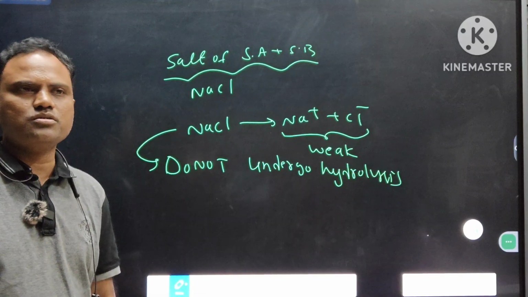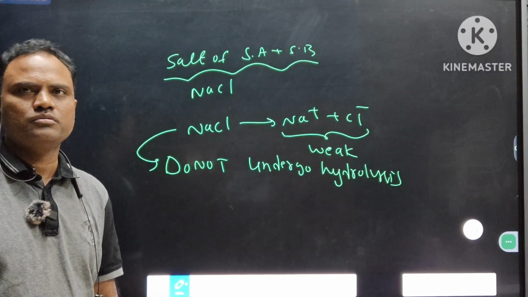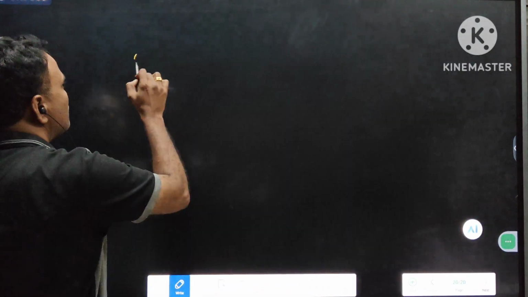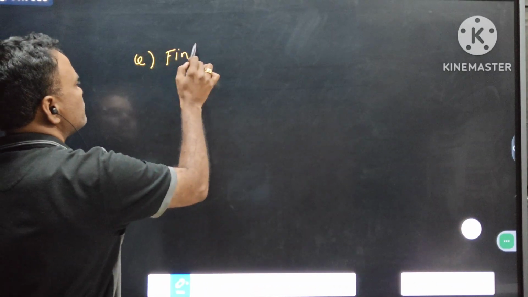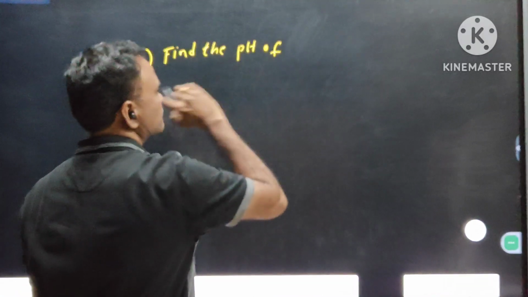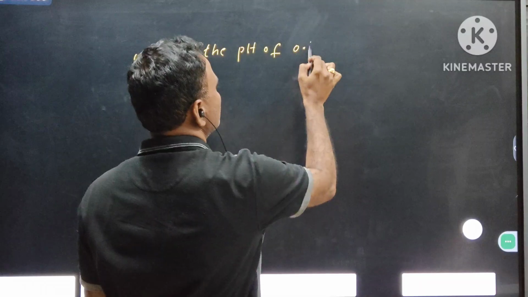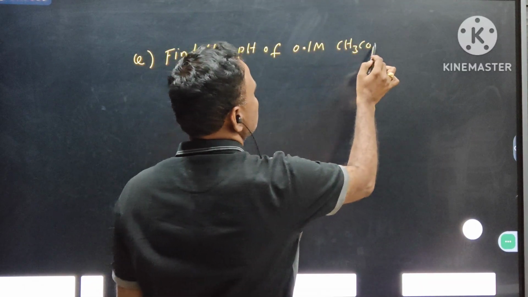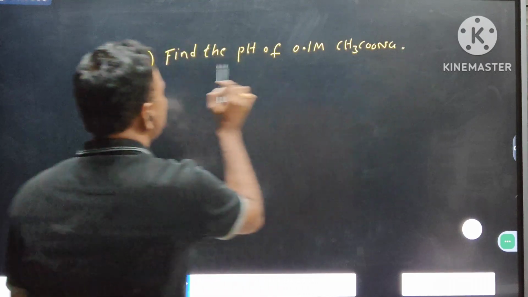Have you completed? Online students? Note down this question: find the pH of 0.1 molar CH3COONa.